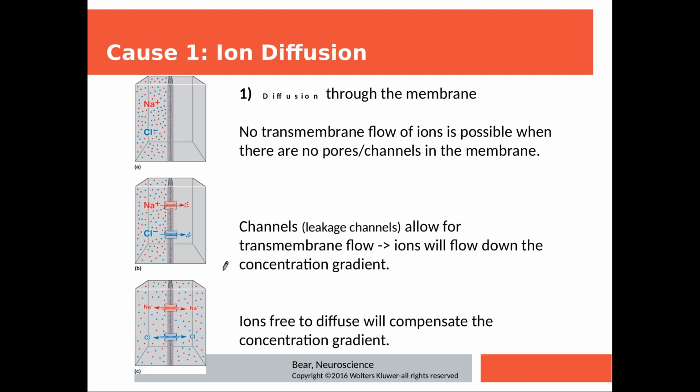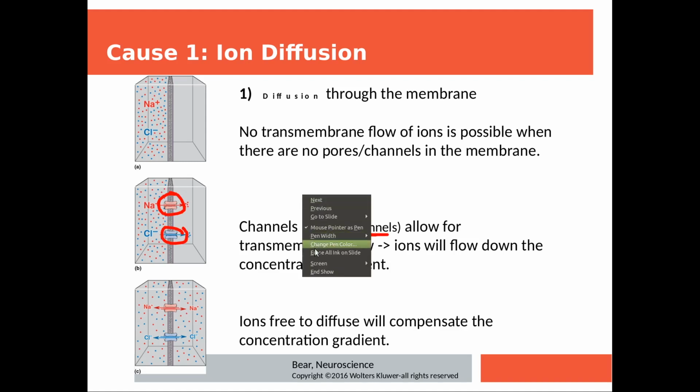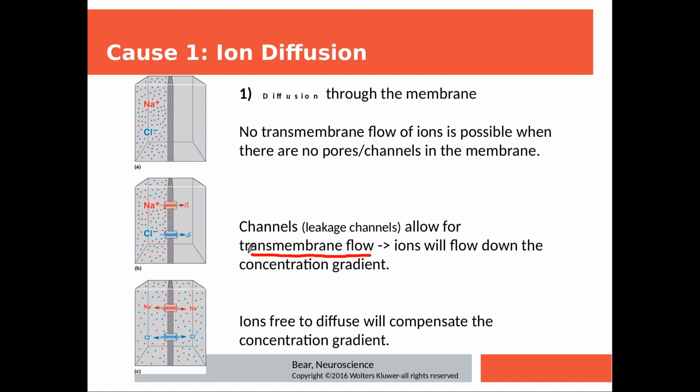But if you have some channels, these are called leakage channels because they let ions travel in both directions. Leakage channels allow for transmembrane flow. Trans means across, across the membrane.